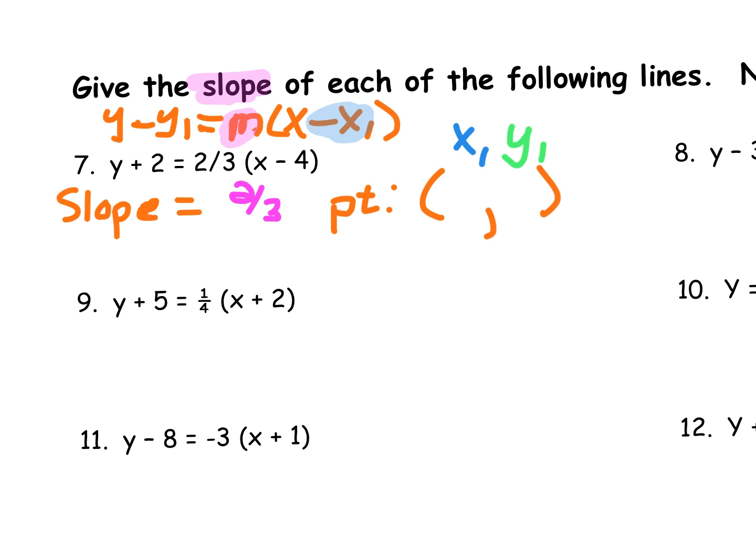Here's what else is confusing about point slope, because remember, the point slope has subtraction in it. So the x-coordinate isn't actually a -4. Notice I wrote that in red because it's wrong. That x-coordinate is not actually a -4. That minus in front of the 4 in the equation, that's the subtraction that goes in the formula.